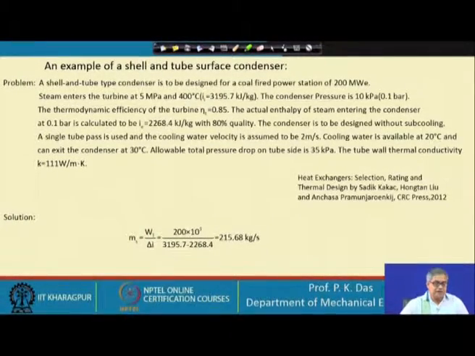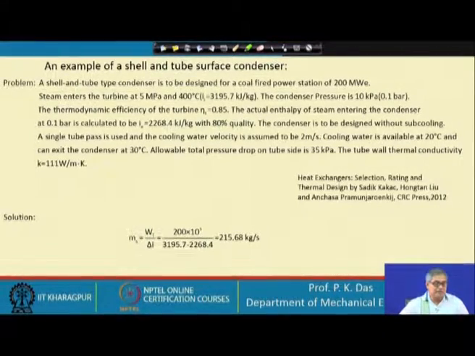Steam enters the turbine at 5 megapascal and 400 degrees Celsius. I is used as the symbol for enthalpy. So, I1, the enthalpy value, has been given, which can be readily picked up from a steam table, and the condenser pressure is 10 kilopascal, so 0.1 bar.